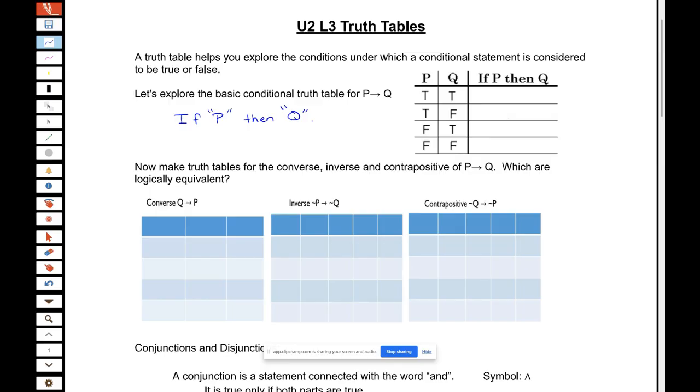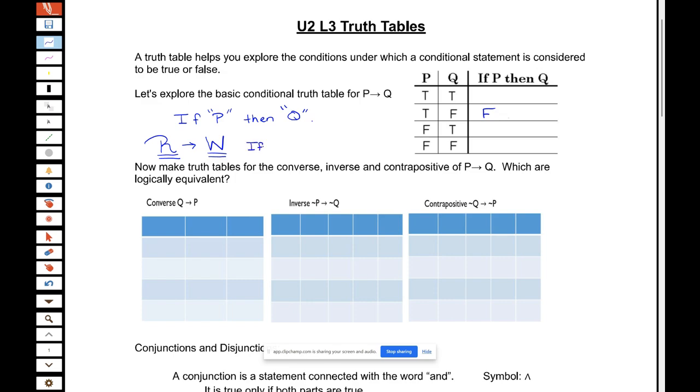So, for example, the statement, if it is raining, then the ground gets wet. The only time that statement would be false is if it rains outside and then we see the ground does not get wet. That would be the only time it would be false.